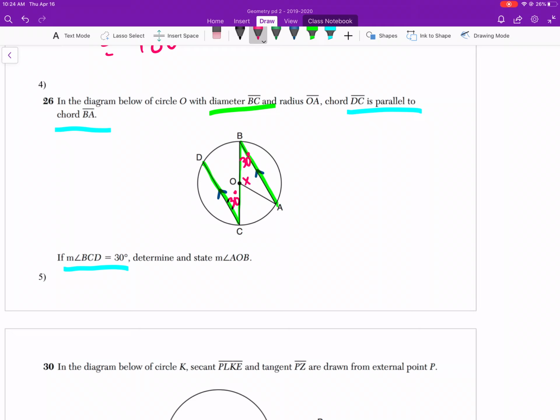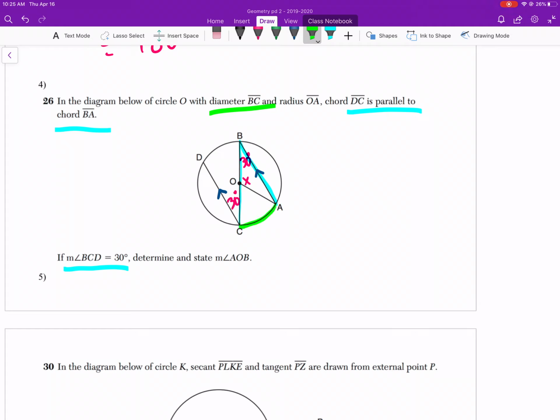Now there's a million different ways to go with this question. This is just one of the ways, so if you're seeing it a different way, that's absolutely fine. Alright, but this 30-degree angle we could use. It's an inscribed angle. Watch as that 30-degree angle opens up and hits this arc here for CA.